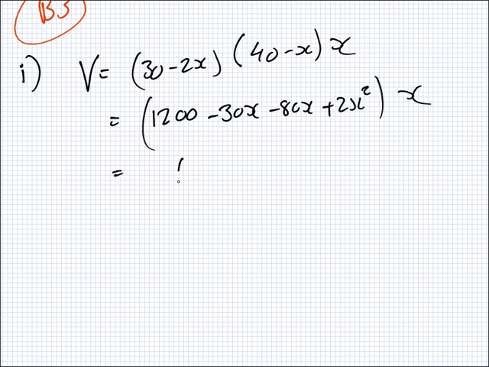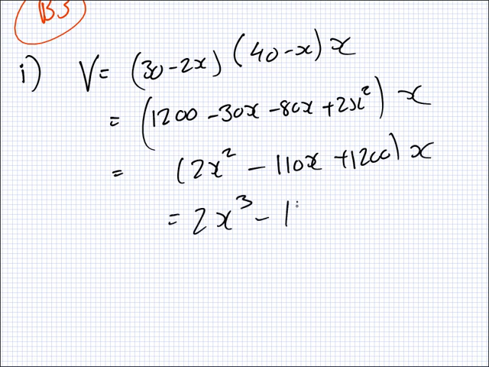Alright, so that will be 4x squared minus 140x plus 1200, times x. So that's 4x cubed minus 140x squared plus 1200x. Now, is that what they have? Yes. It's just written in a different order, but it's the same thing.